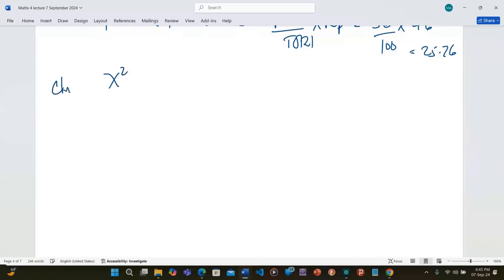This is the chi-squared value. So our chi-squared value is going to be observed values minus expected values squared. Remember, these are many and you are supposed to sum them, so divided by expected individual values.